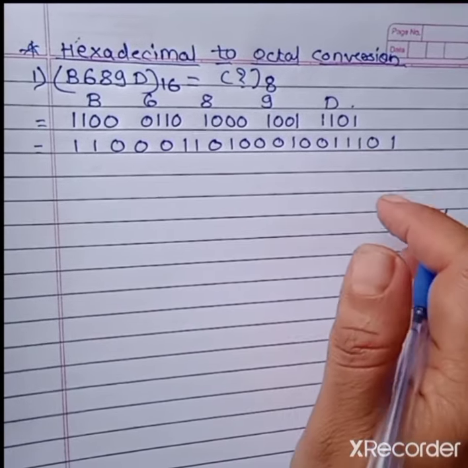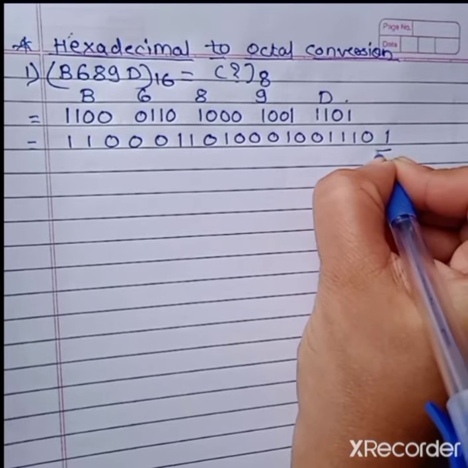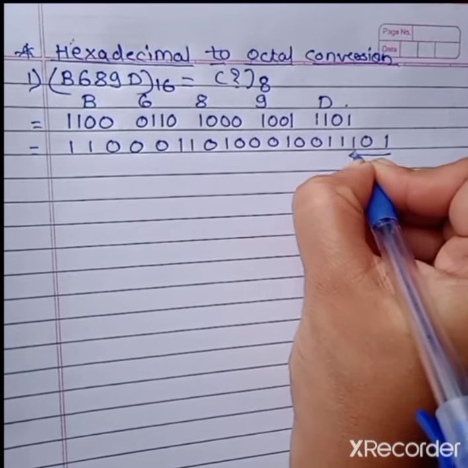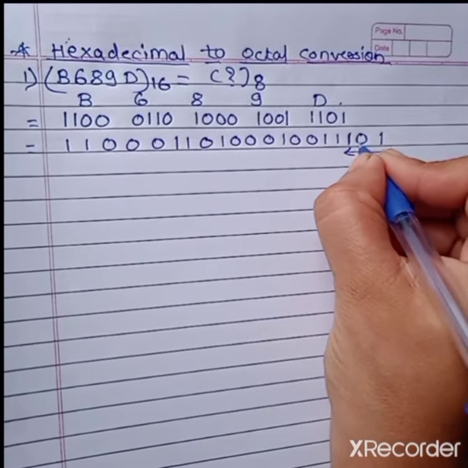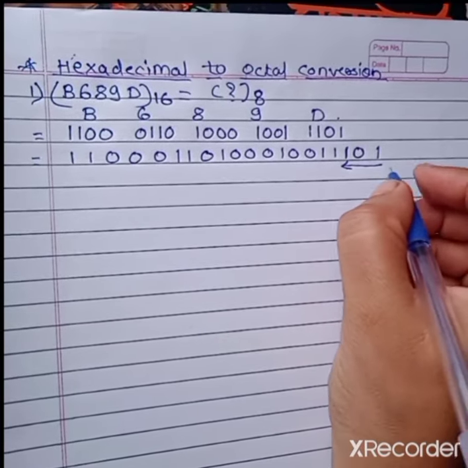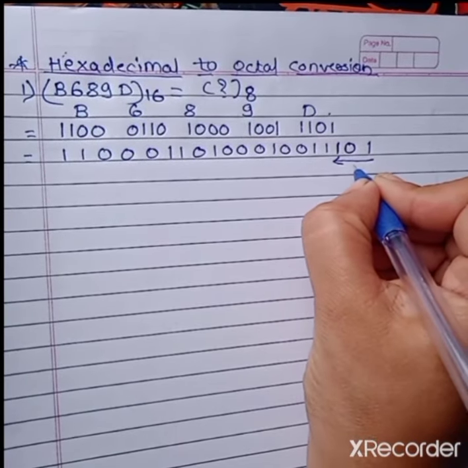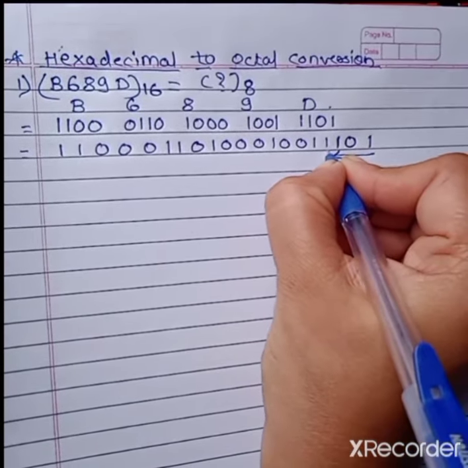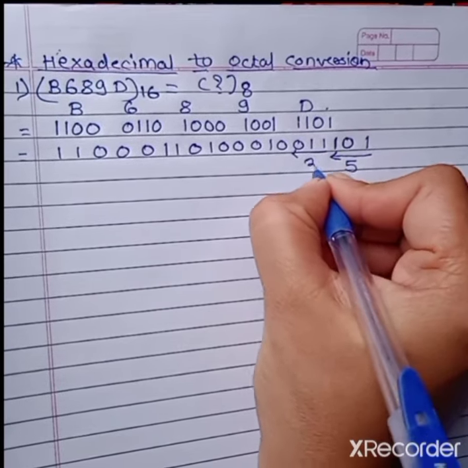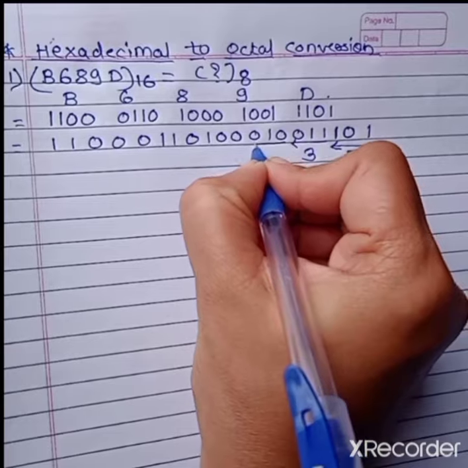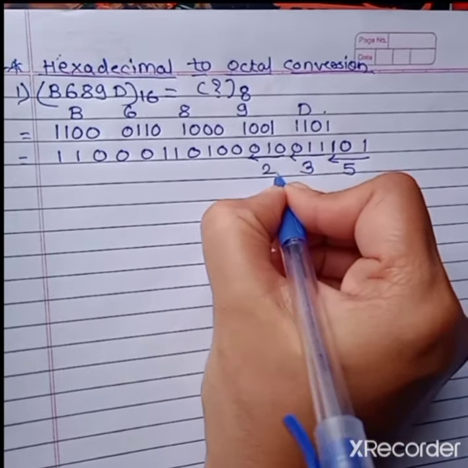Now we have written this series together. Now start making groups of 3-bit binary from right hand side to left hand side. So this is your first group, 101, a 3-bit binary; convert it into octal or decimal. 101 means 5. Then the next group is 011, this is 3. Then 010, this is 2.